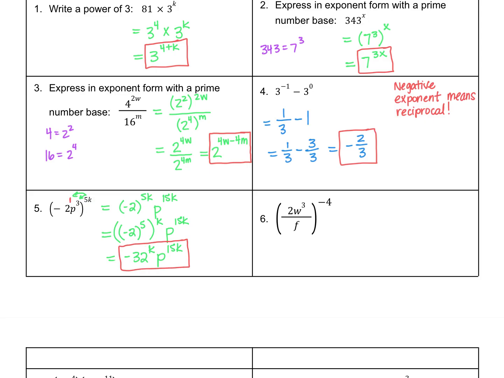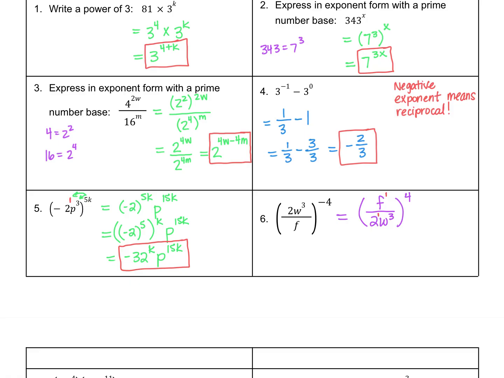Number 6, remember, a negative exponent literally means you are going to take the reciprocal of what's inside. So when I do that, I am going to flip what is on the inside. So we have f divided by 2w to the 3rd power, and we're going to raise it to the 4th power still. So remember, a negative exponent just means you have to flip it. It means nothing else. And now we are going to distribute that exponent of 4 through to every single exponent.